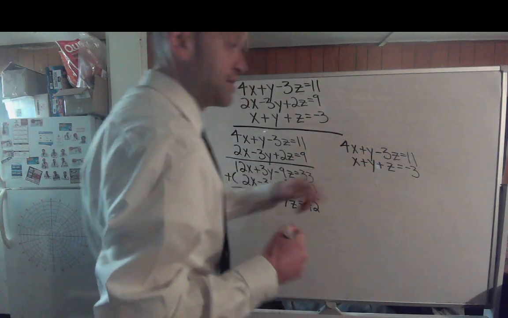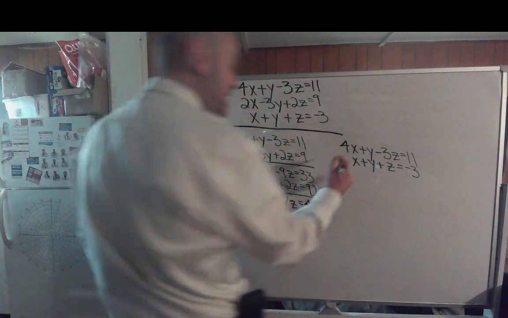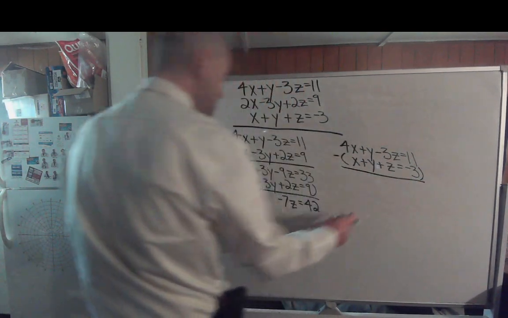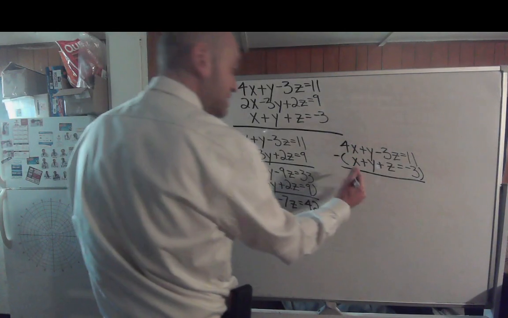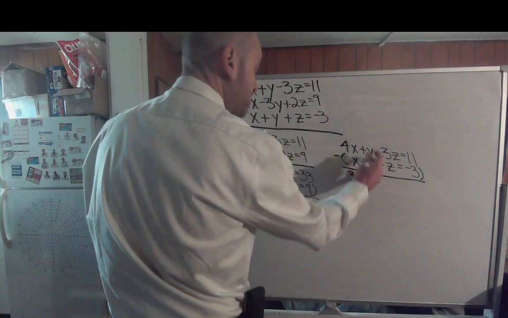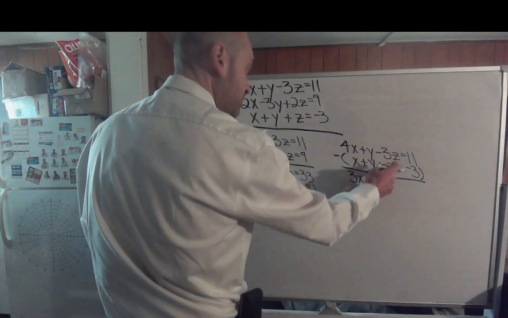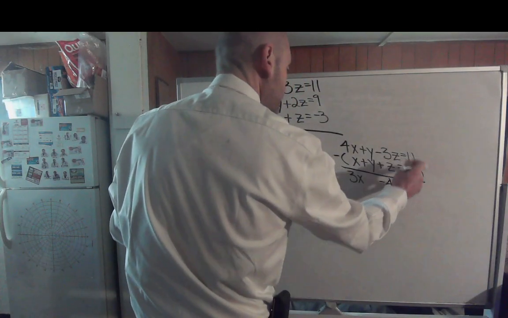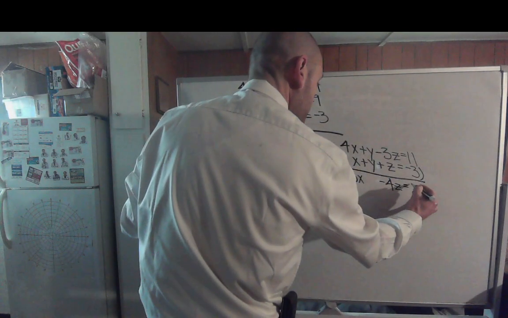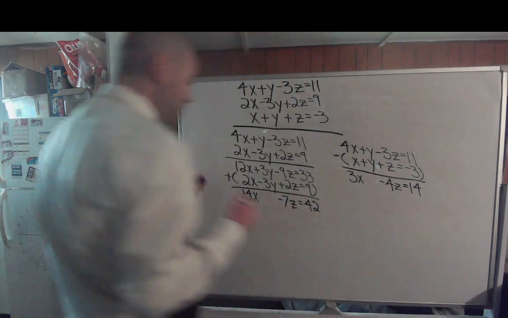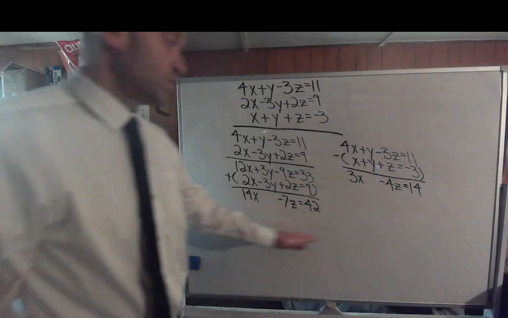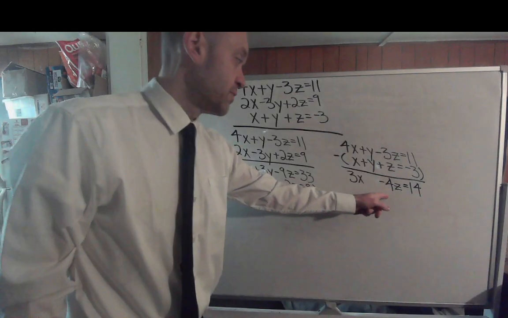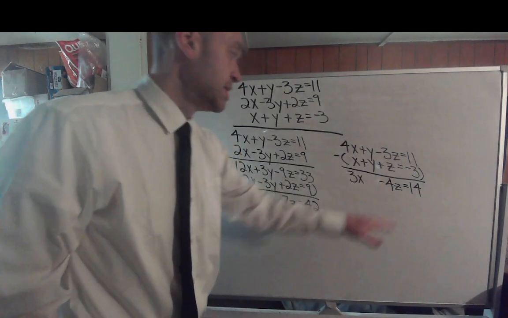They're both +1, so all I need to do is subtract the second equation from the first. I can eliminate y. So 4x minus x, that's 3x. Y minus y is 0. -3z minus z, that's -4z. 11 minus -3, that equals +14. So now I have two equations I've produced where I've eliminated y. I get 3x minus 4z equals 14.